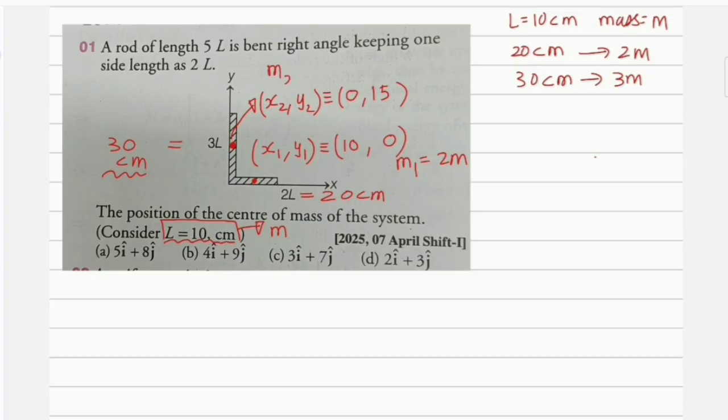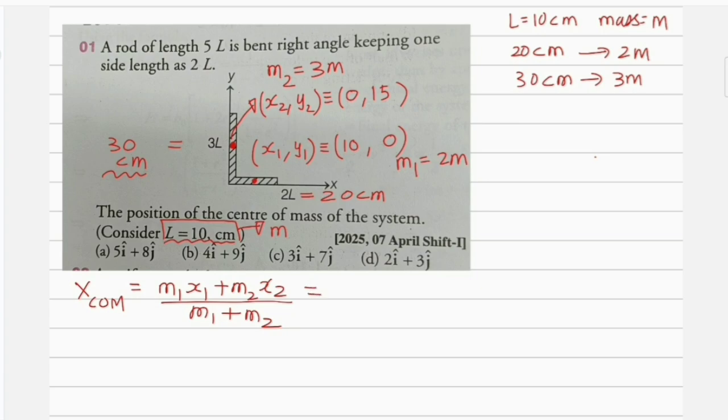What about m2, the mass of this vertical rod? It will be 3 times m. How do you calculate the center of mass x coordinate? X coordinate of center of mass is m1 x1 plus m2 x2, the whole over the total mass of the system, m1 plus m2.